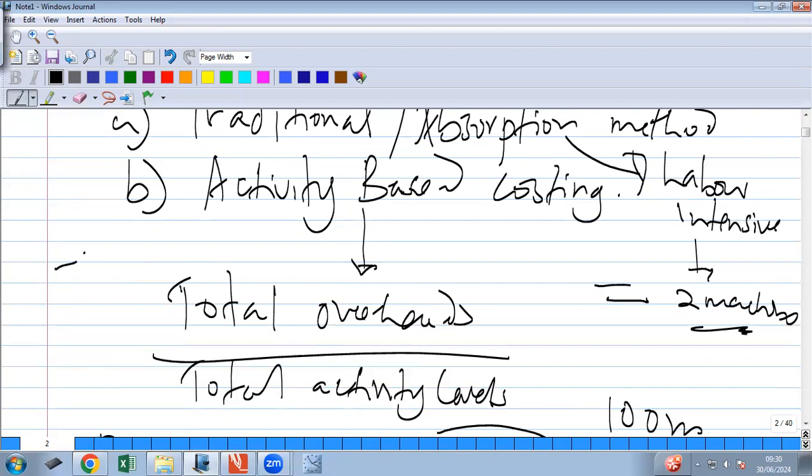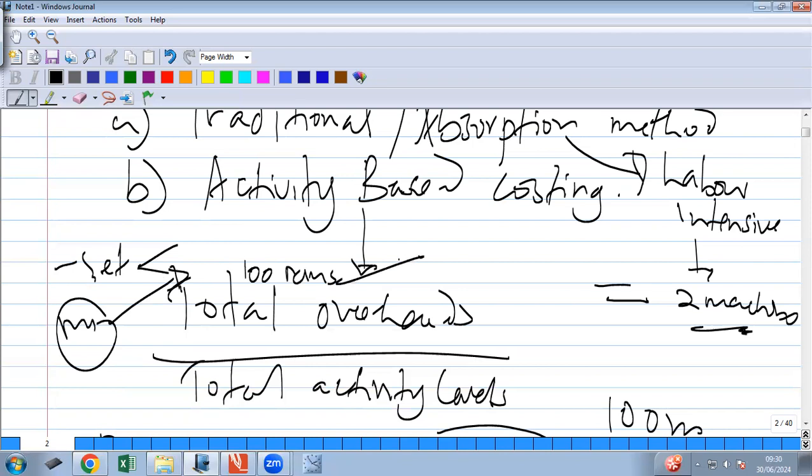If I'm setting these machines, they are going to run, for example, 100 runs before you service. So at the end of the period, you count how many runs the machine has run during the period. That means the activity driving the cost is the number of runs. Maybe we shall get there to get more clarity.